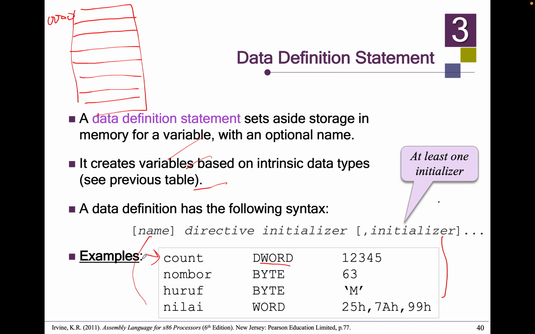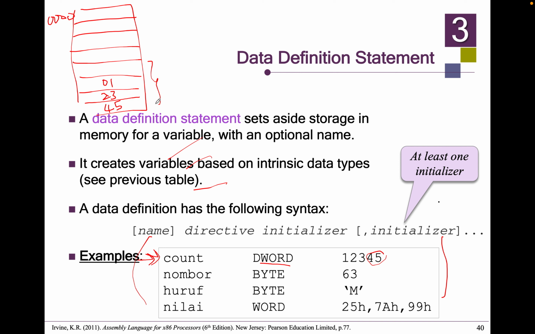So first, you're going to read this. Count is double word. Double word is 32-bit. You're going to have 4: 1, 2, 3, 4. First, you have 4, 5, and then 2, 3, and another one is 0, 1.